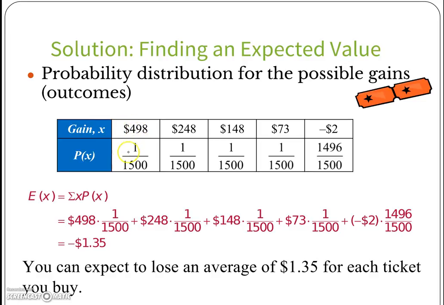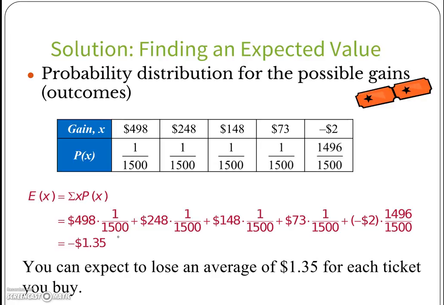So I'm going to multiply 498 times 1 over 1,500, and add it to 248 times 1 over 1,500. And we're going to add the next x times p of x, plus the next x times p of x, plus the next x times p of x. So we're going to multiply our x times our p of x for all of these and add them all up. And remember that this last one was a negative here, so it's a negative 1.35.